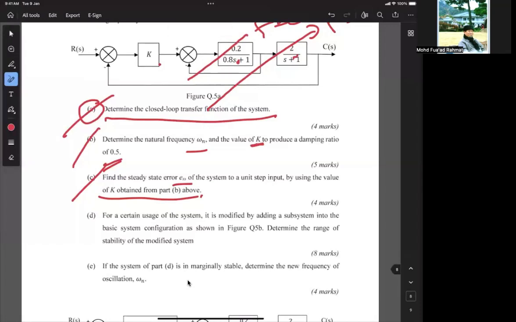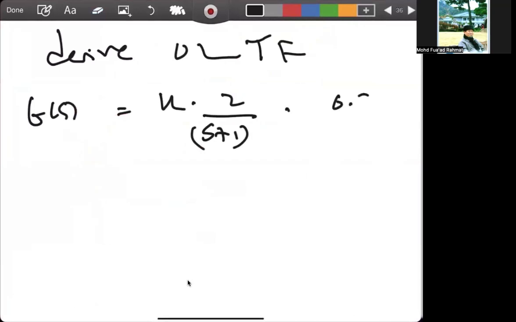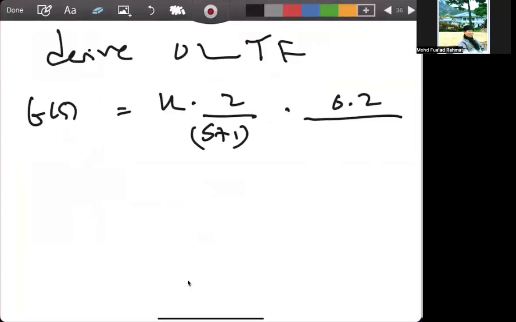This one is 0.2 over 0.8 s plus 1 plus 1 plus 0.2.